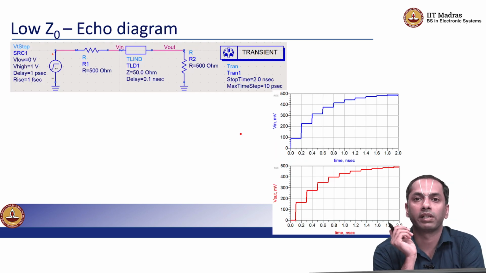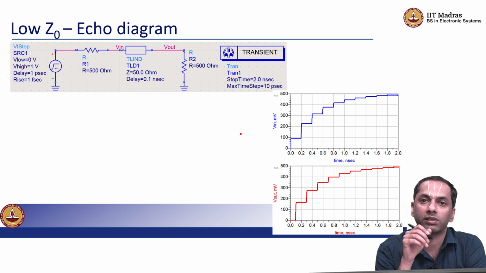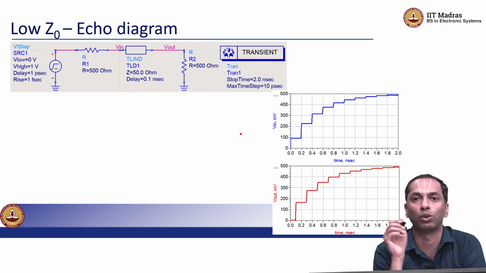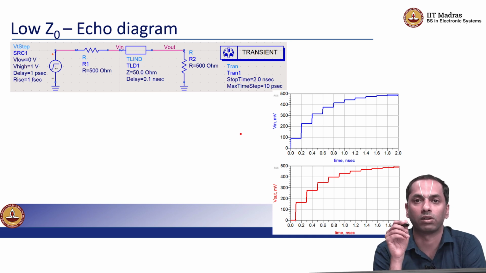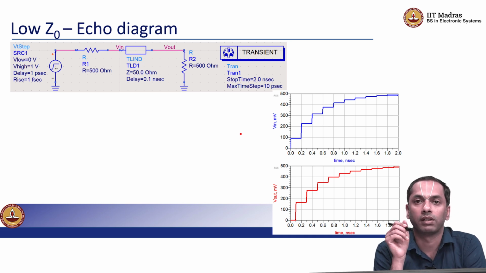So, I just wanted to showcase three situations. This is the first situation, where the characteristic impedance of the transmission line is lower than the resistance of both the source and the load. This is very close to what we saw for the worked out example. This is a software called ADS from Keysight, where I can simply do the same experiment that we did in the problem solving.